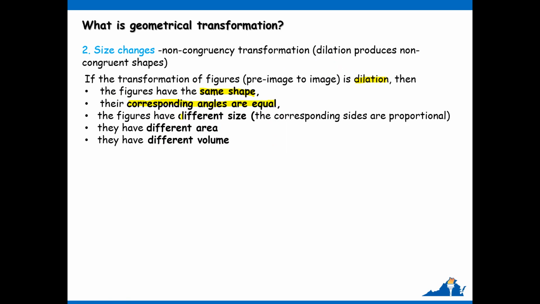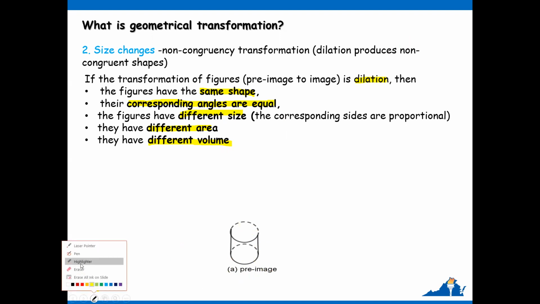They have different size, different area, different volume. That is as a result of dilation. Now, having said that, what it means now is if I have this shape that is the pre-image, which is a cylinder, right?